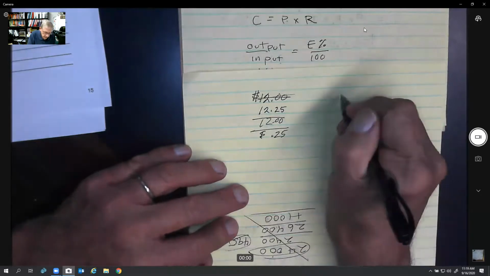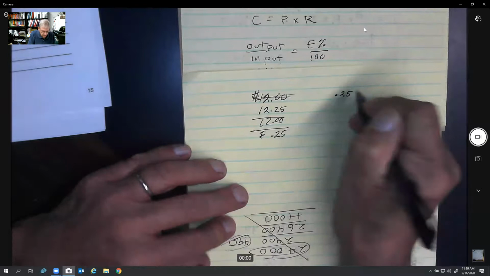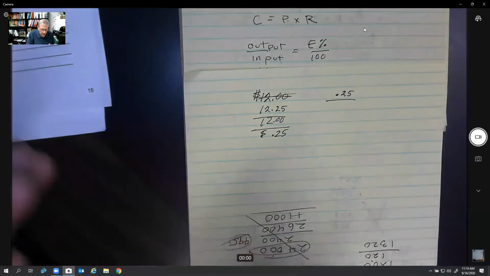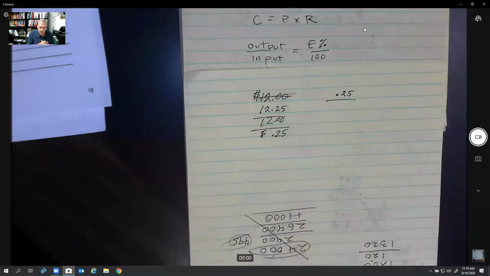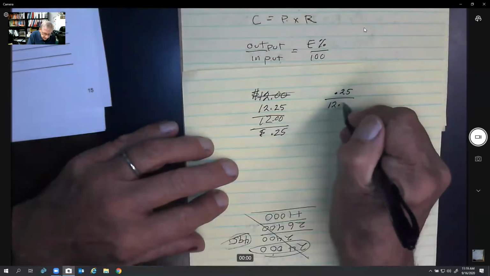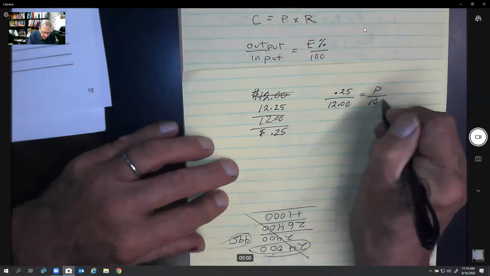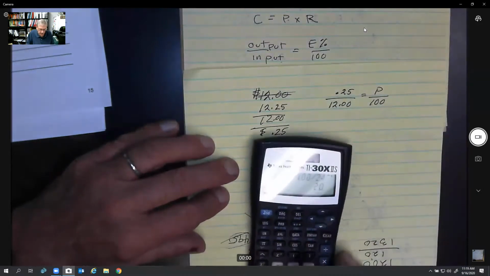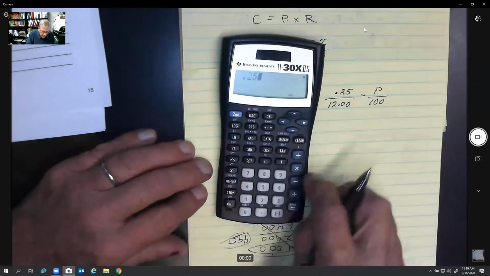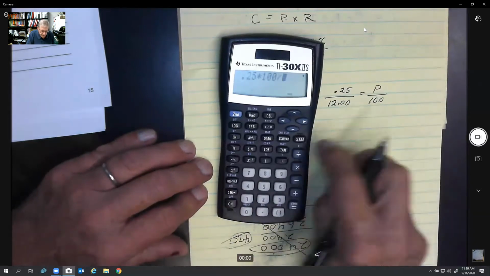Okay, so the change, and 25 cents is the change, over the starting amount, how much did you start out making? $12 equals the percent over 100. And then we can figure out what percent of a raise that was. So 0.25 times 100 divided by $12.